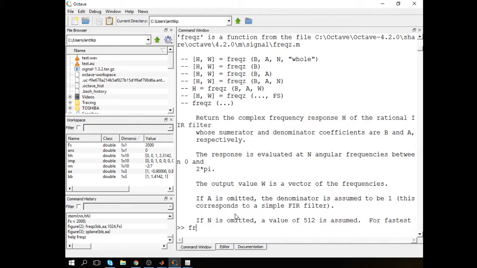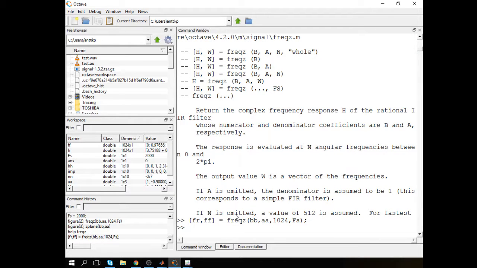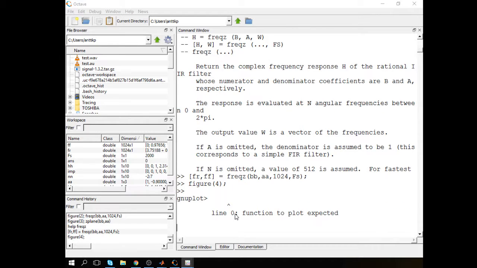So FR equals freqz BBAA 1024 FS, and not just the frequency response, but also the frequencies. There. Good. Now I can plot it. Another figure, 4.